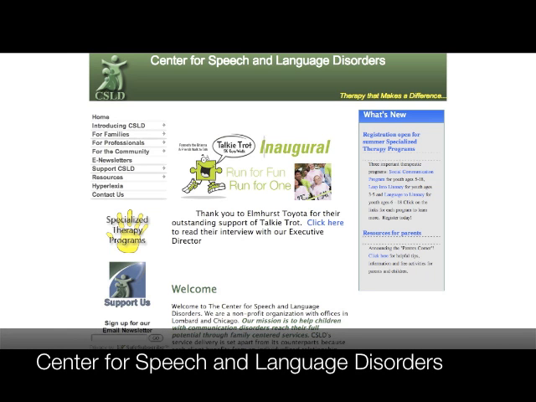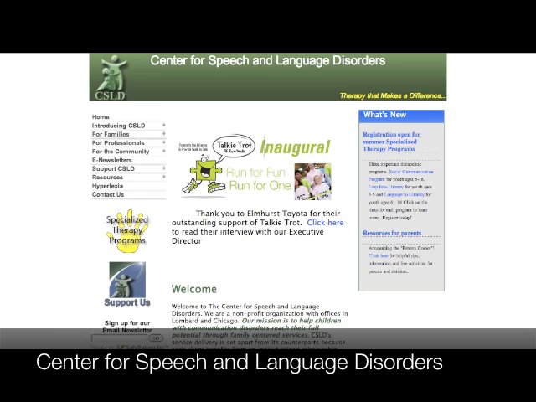The Center for Speech and Language Disorders is a nonprofit organization that focuses on helping kids with communication disorders through family services. And this organization is good because it focuses on that idea that not all disabilities are the same, and each child needs an individual plan.